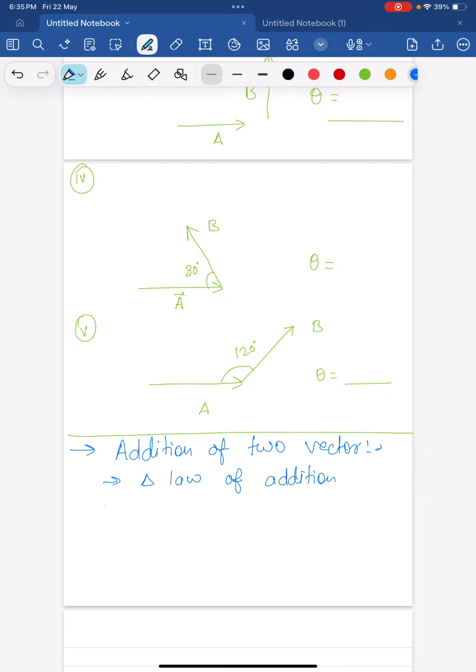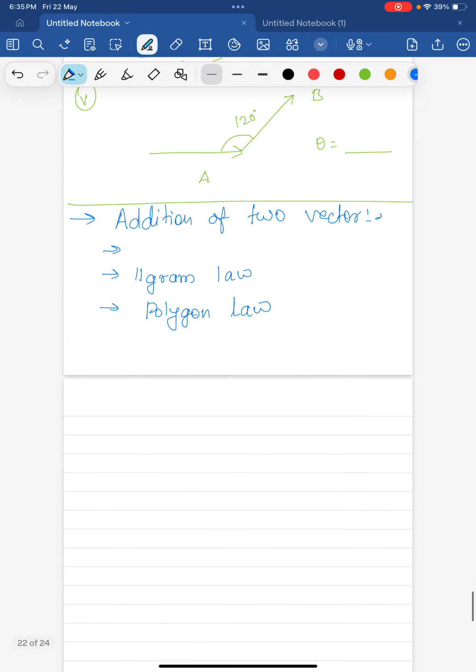There are various methods like parallelogram law and polygon law, but we are going to see the triangle law of addition.